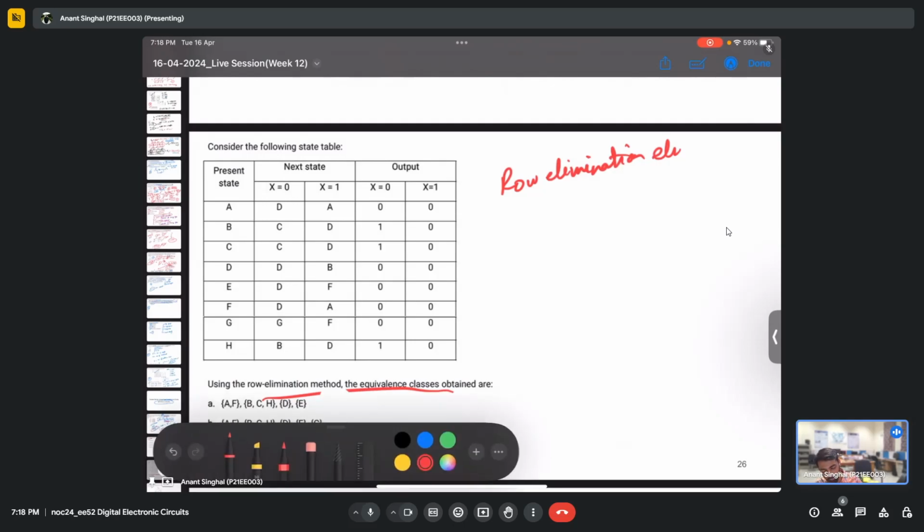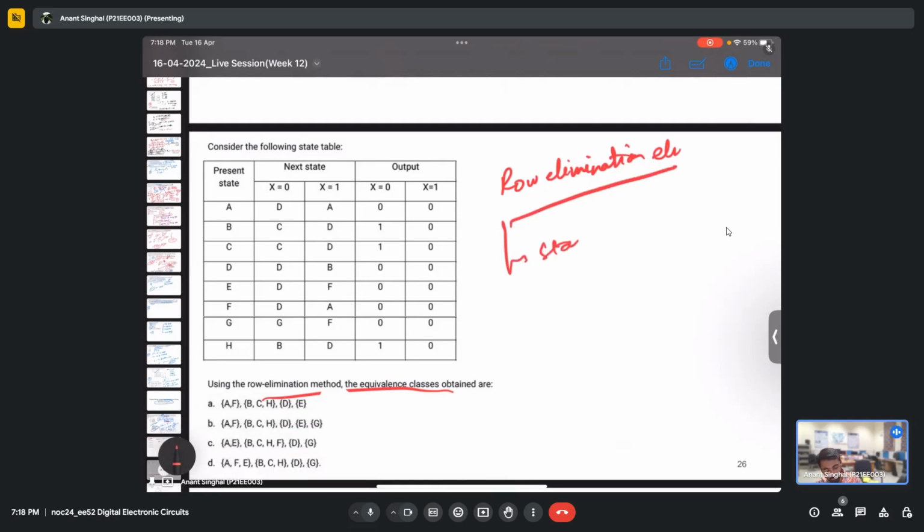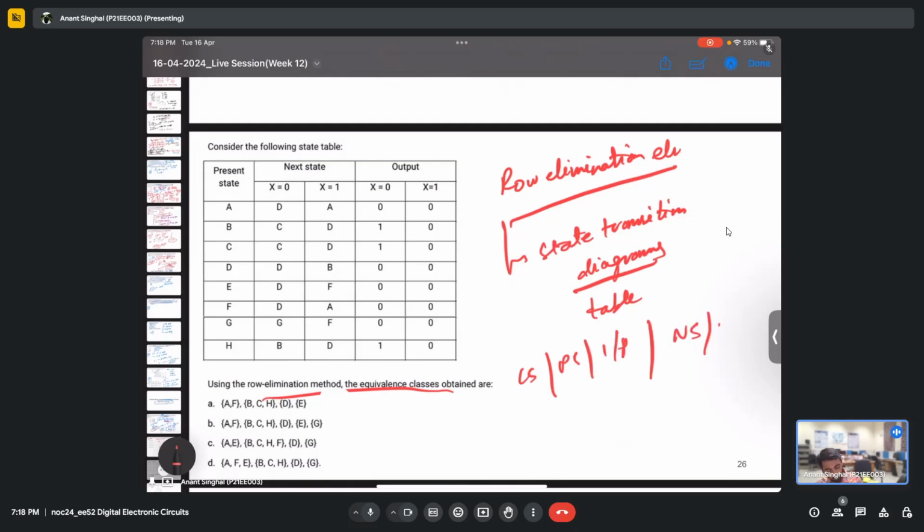Then in this particular lecture, we had the state transition diagrams. You need to be aware of them. We also had the state transition table, in which we start with the current state, the present state, we have inputs, then we have the next state and the output.